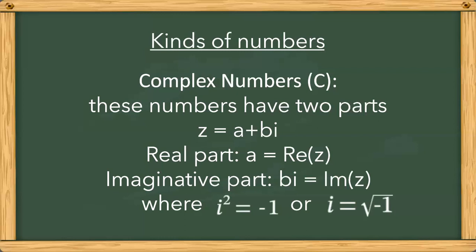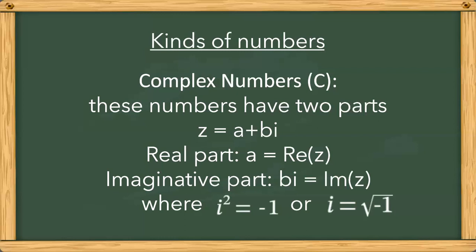And why do we call this part imaginary? We suppose that we have a number i, with i squared equal to minus 1. In the real group of numbers, this cannot happen.